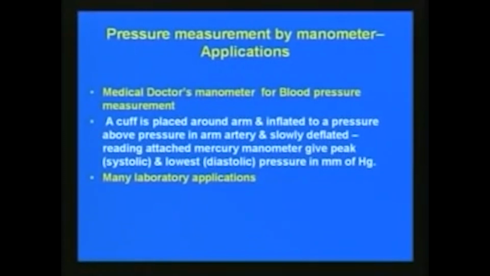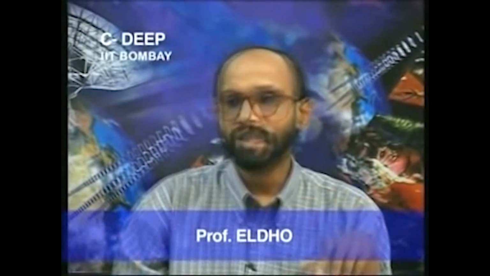A cuff is placed around the arm and then inflated to a pressure above the pressure in the arm artery, and then slowly deflated. A mercury manometer is attached to give the peak, which is called systolic, and the lowest, which is called diastolic pressure, in millimeter of mercury.